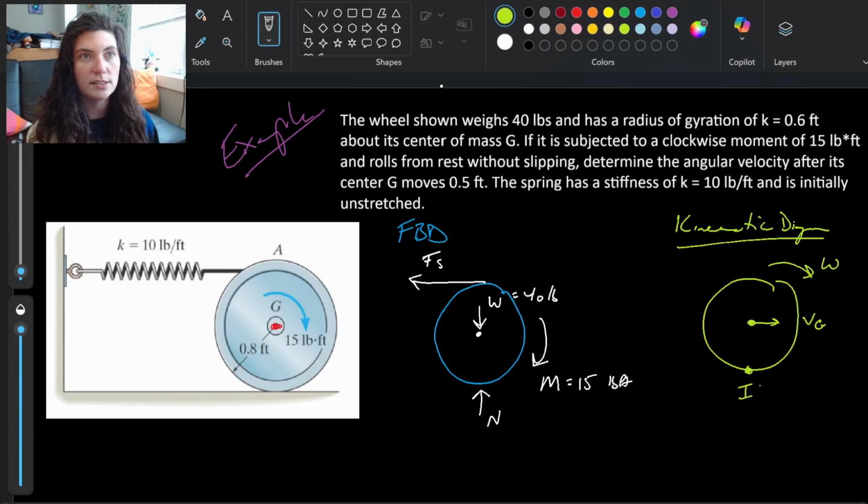And when we're rolling without slipping, the instantaneous center of zero velocity is at the very bottom of our shape. Where that wheel is rolling and touching the ground, we have that instantaneous center of zero velocity, IC. Do we need it? I don't know. We might use it for this problem. It's just one of those things that we can remember and use. So with all of that in mind, let's go ahead and set up that principle of work and energy.